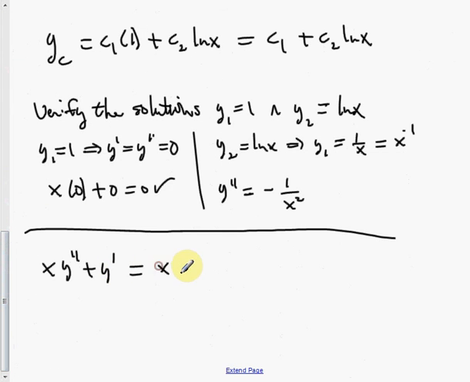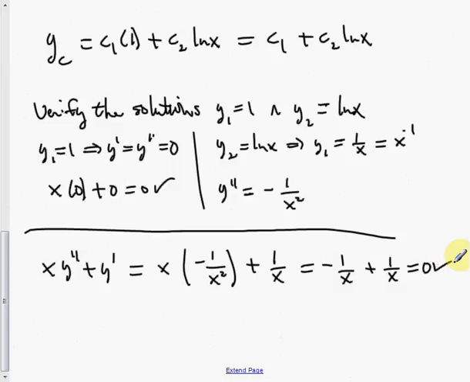So this is x times y double prime, negative 1 over x squared, plus y prime, that's 1 over x. This is negative 1 over x plus 1 over x, 0. Any questions there?